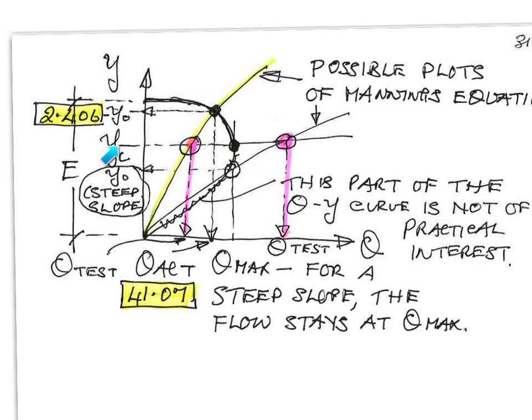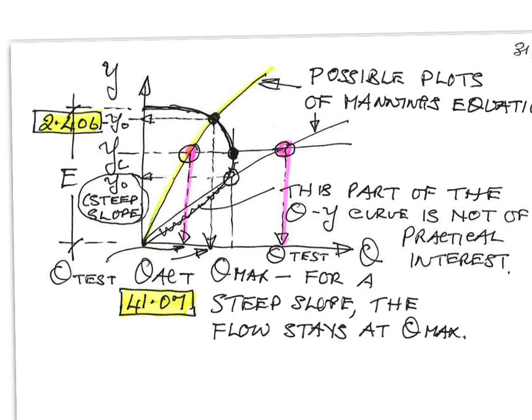So by putting y equals yc in Manning as a test, we'll get a test value which is either less or greater than q max. If it's greater than q max, it means we do have a steep slope and the actual flow is q max. If it's less than q max, it means we have a mild slope and the actual flow will be this point here, and we will have to find it.